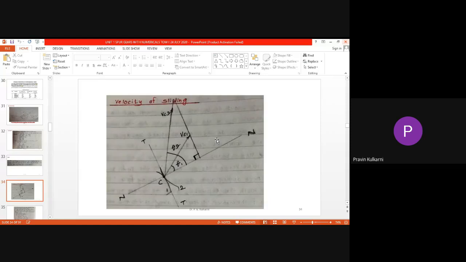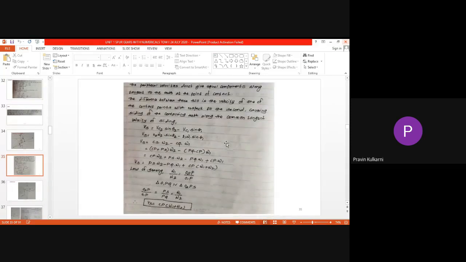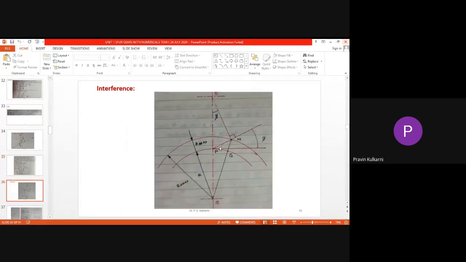Velocity of sliding. Interference: excessive addendum is the basic cause for interference to occur.